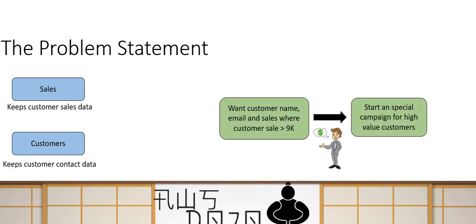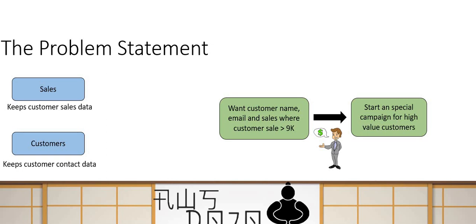And suppose someone says, hey, I want to get the customer name, customer email, and sales value where the customer's sales are more than 9K. The person wants to use this information for running some kind of special campaign for high value customers.